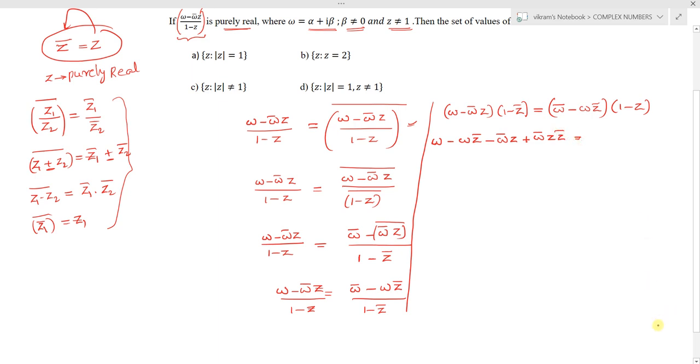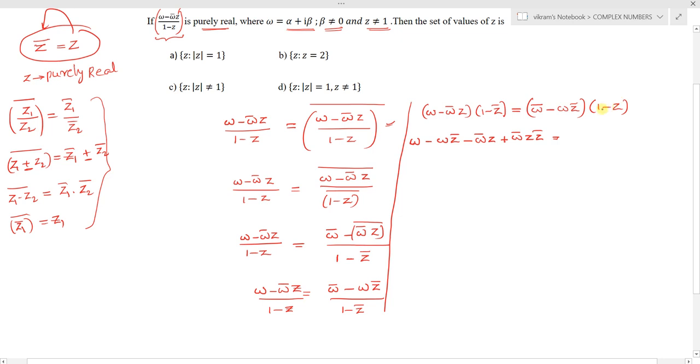On the right we get w conjugate minus w conjugate z minus w z conjugate, and minus into minus gives plus w z z conjugate.